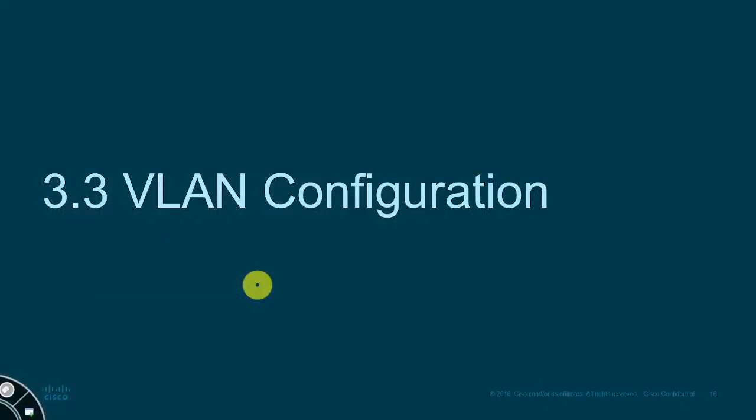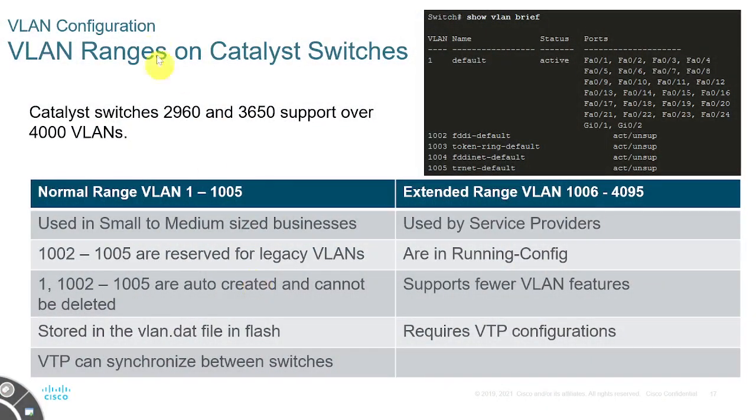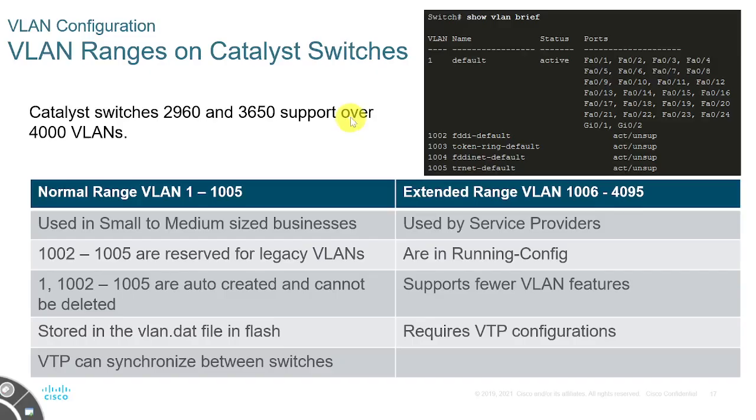Okay, how can we configure VLANs? Catalyst switches, for example the 2960 and 3650, support over 4000 VLANs.